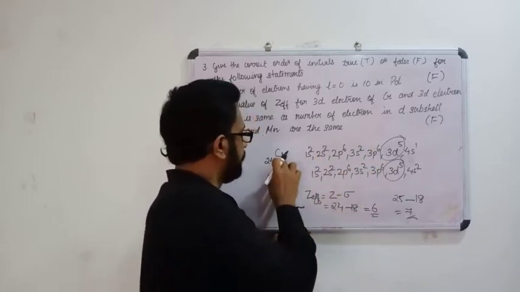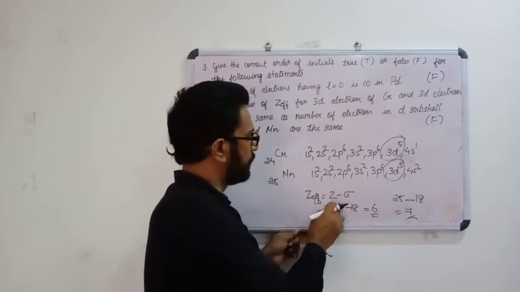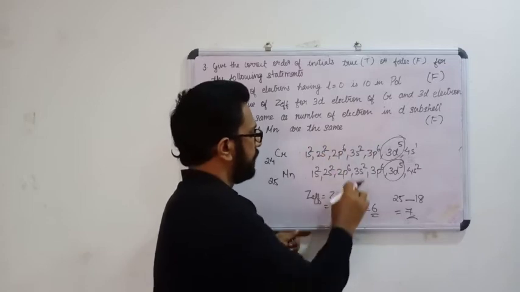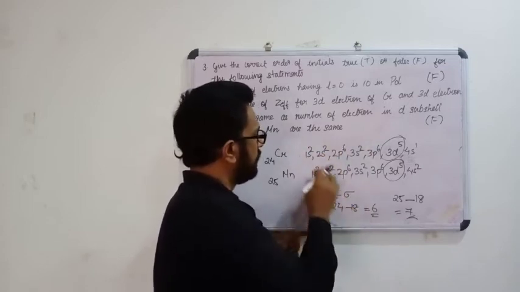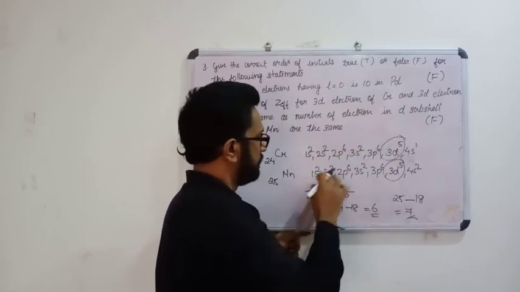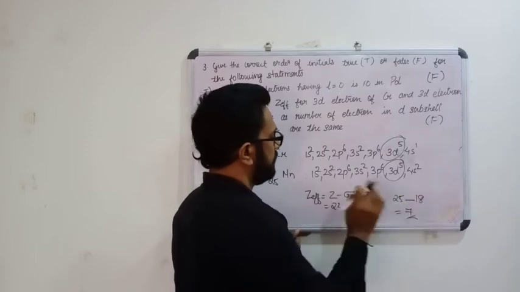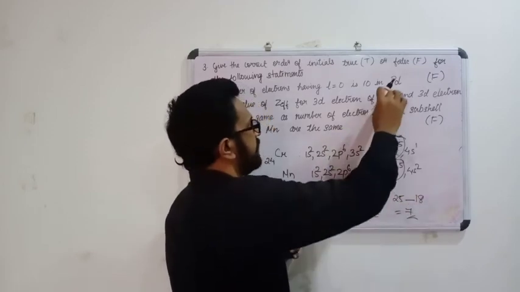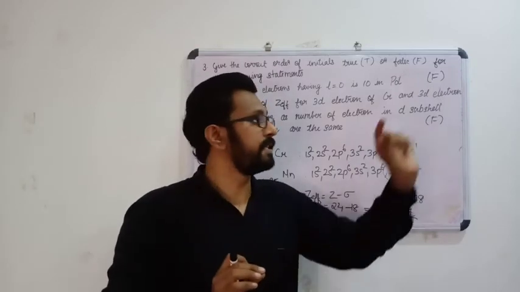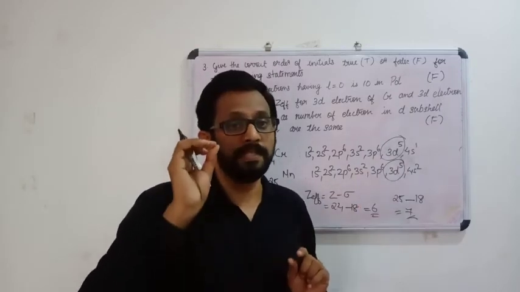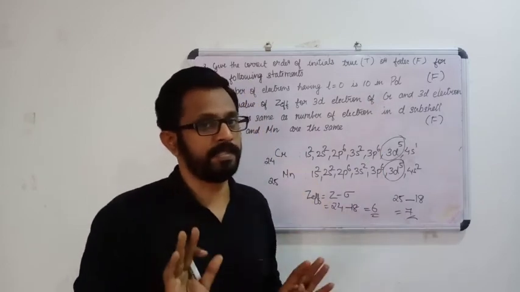For chromium, the atomic number is 24, the number of inner electrons is 18, so 24 minus 18 is 6. How did we get 18? 2 plus 2 plus 6 plus 2 plus 6. For manganese it is 25 minus 18, which is 7. So the effective nuclear charge for the 3d electrons of chromium is 6 and of manganese is 7. That means the second statement is false.